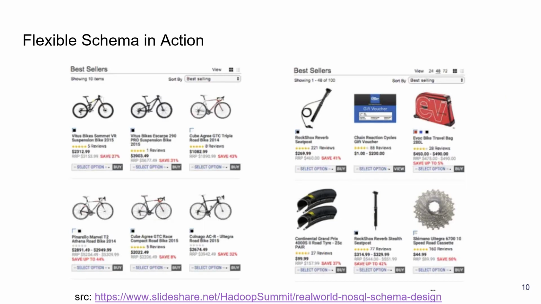Let us have a look at this example. Suppose that we want to store data about products in our store, and we have a very wide variety of products. It can be bicycles, and it can be related parts for bicycles as well.